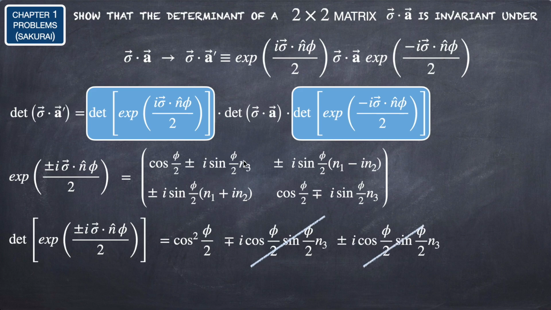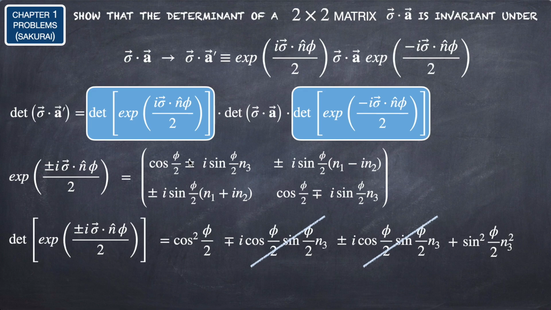And this term multiplying this term will give us a similar term, but with opposite sign. Then they will cancel out, even when we are considering the positive exponential or the negative exponential.